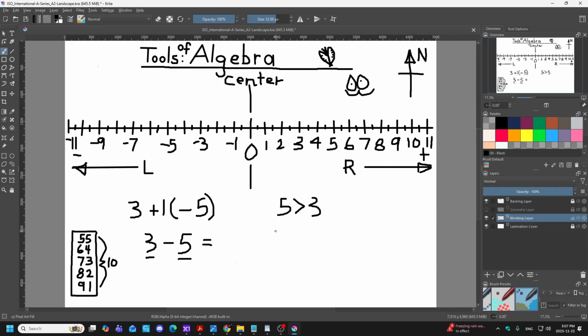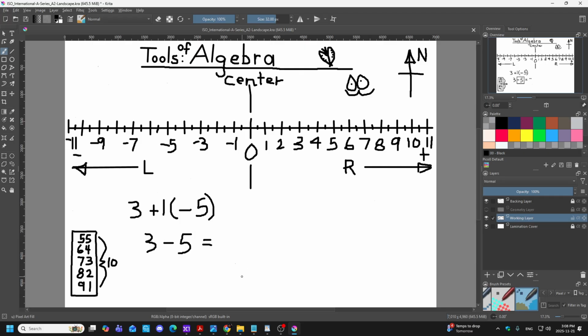So that means we're going to have more jumps, right? Okay, with that logic, take note of this. Because the 5 has more jumps, if we can look at it like that. This is a negative. So you can look at this and go, I have more jumps because 5 is a bigger number than 3. This means that my answer is going to be a negative.